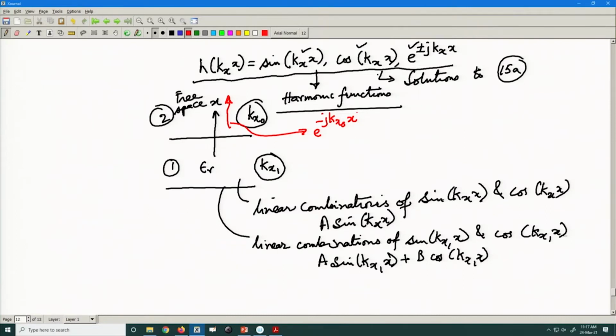So, then it will depend on, as you see, the type of boundary in which I am describing my psi function. These eigen values k x 1 will be found out by applying the boundary condition at this interface and at this interface. Let me write free space here.